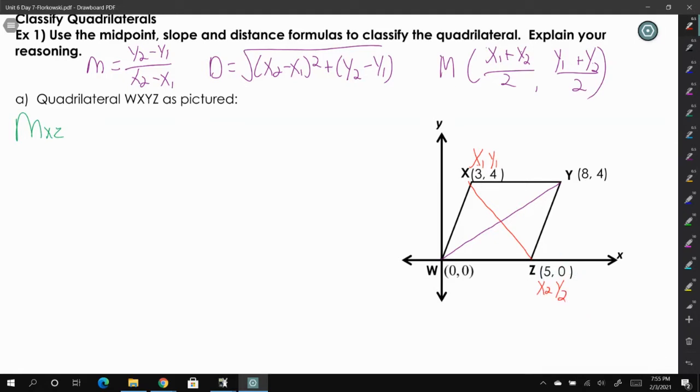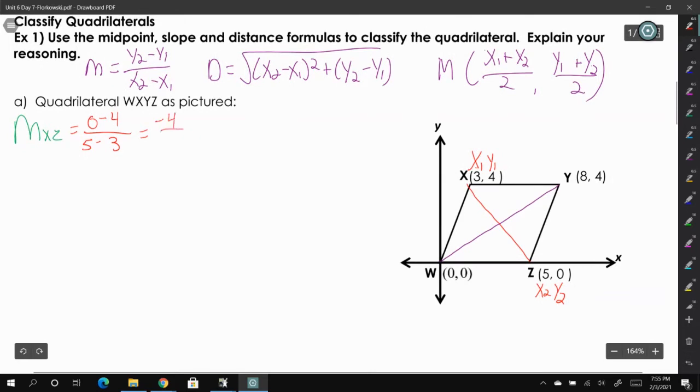So we'll have 0 minus 4 over 5 minus 3. So that's going to give us negative 4 over 2 or negative 2 over 1. And yes, you could just simplify that and say negative 2, but because we are comparing slopes, and we're looking for opposite reciprocals for perpendicular lines, I'm going to leave it as a fraction.